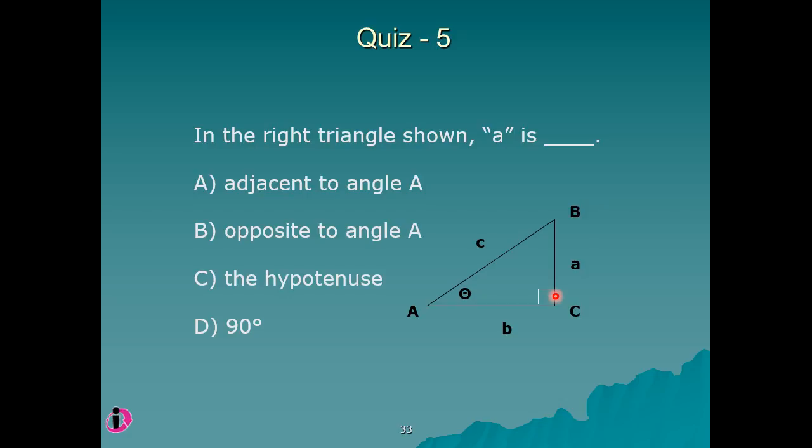It's not C. It's not the hypotenuse. Small a is this one, which is opposite to angle A, right? Which is B. Small a is also what? Adjacent to angle B, right?